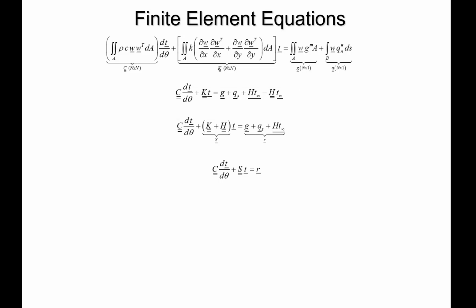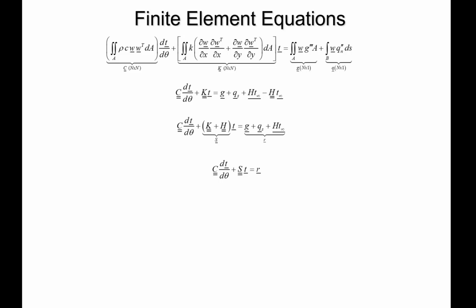So that's exactly the form of the equations that we got for finite differences, and we get the same ones for finite elements. The construction of these matrices and vectors is different. I think a little bit more difficult to understand, at least at first, but certainly understandable now, and we know how to put these all together.